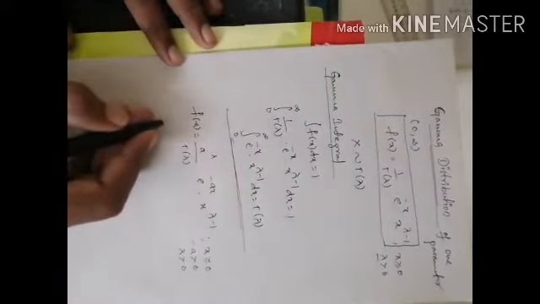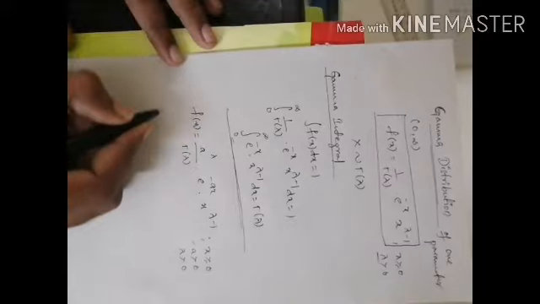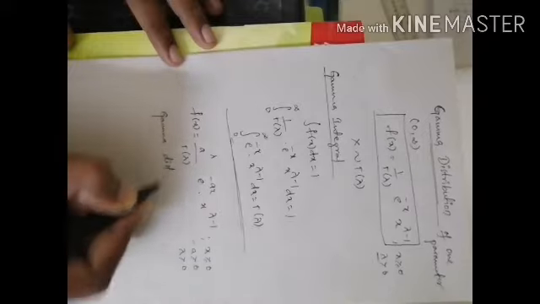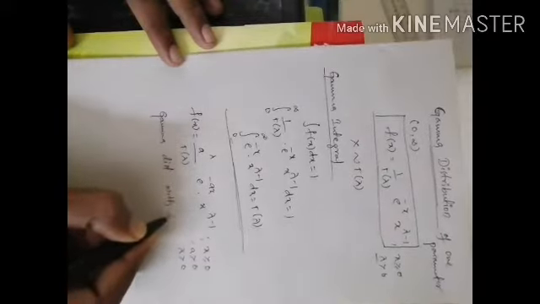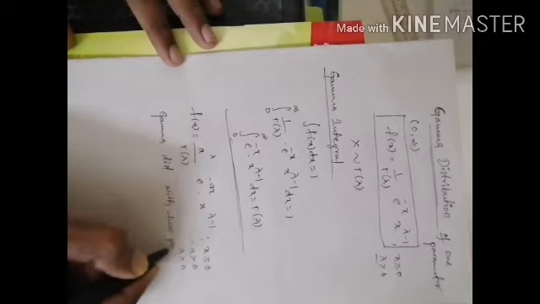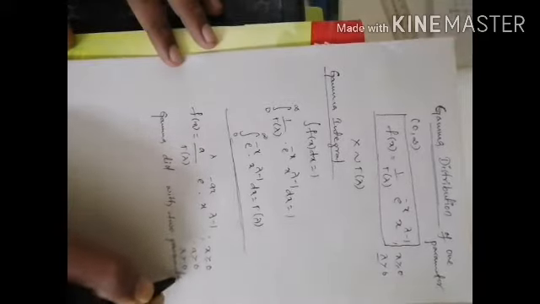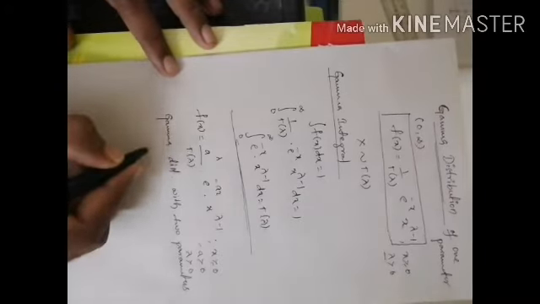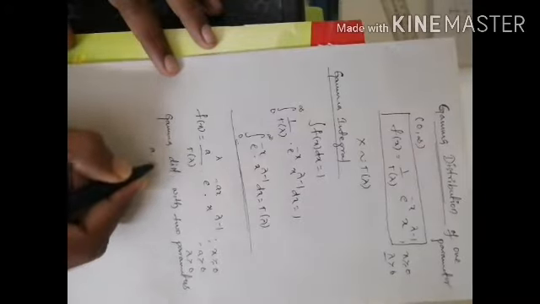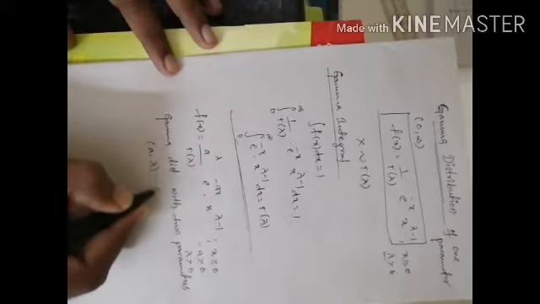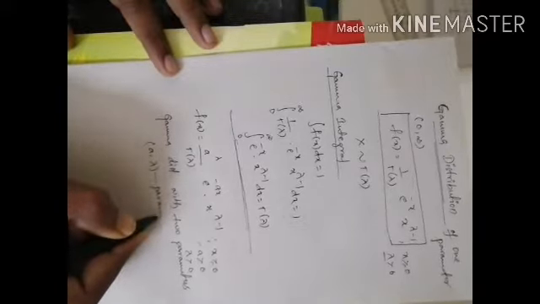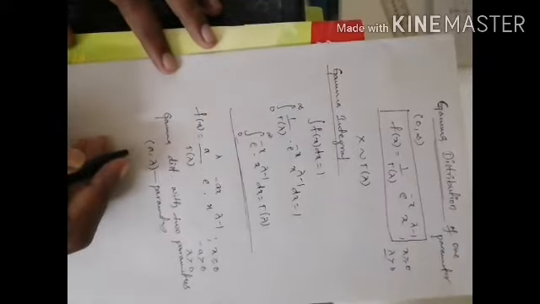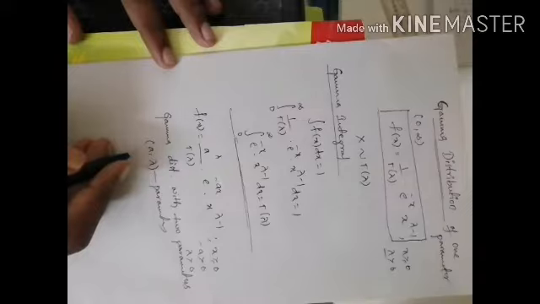So this is the definition of gamma distribution with two parameters. What are the parameters here? Parameters a comma lambda are the parameters here. Okay, so this is the definition of gamma distribution with two parameters.